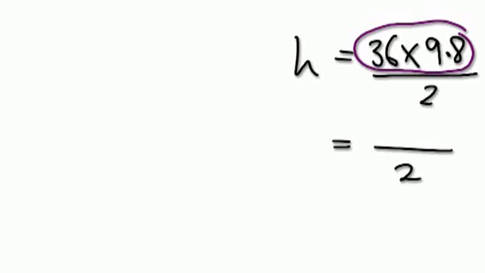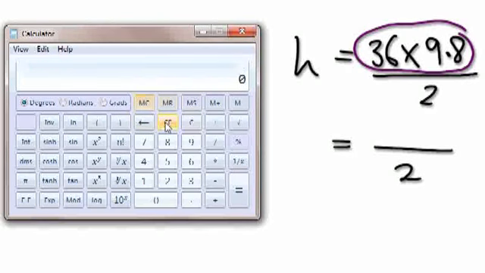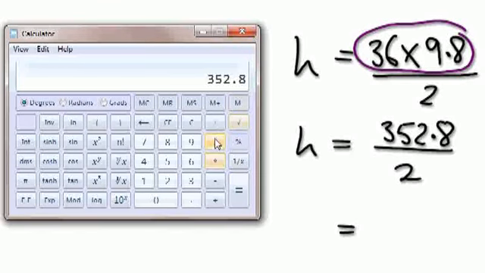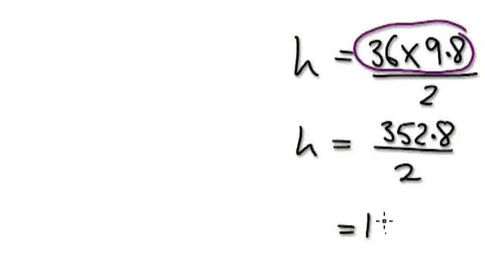So calculator, clear. 36 times 9.8 equals 352.8. Now divided by 2 equals 176.4.